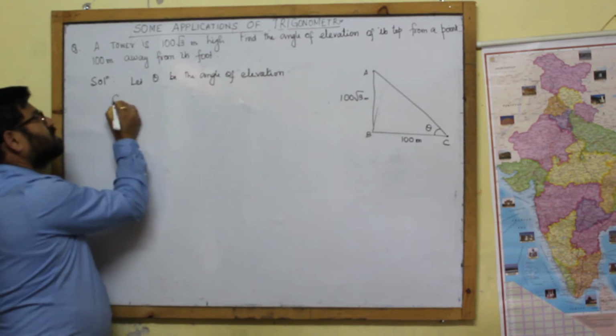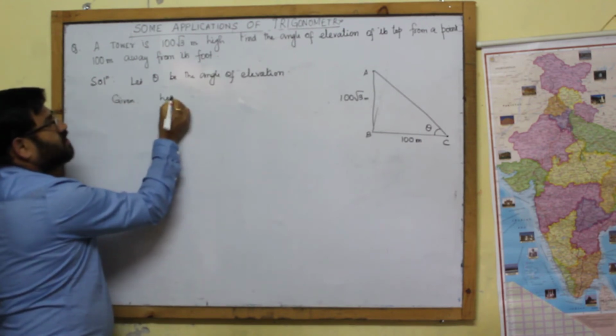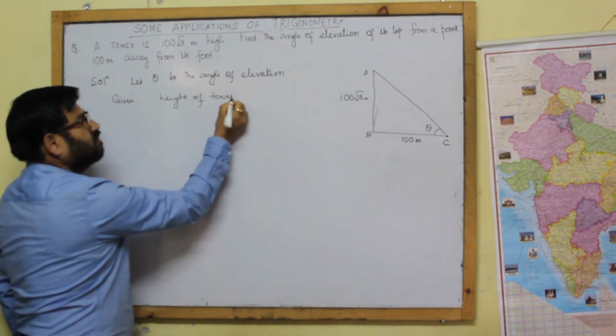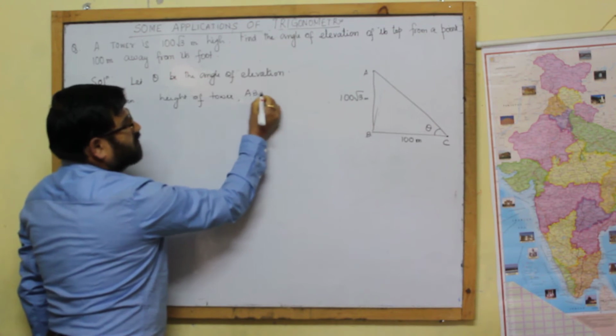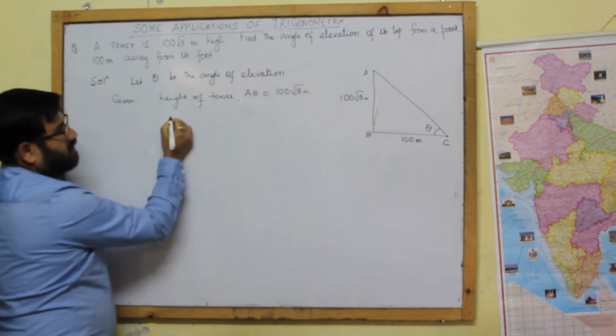What are the other things which have been given to you? Given the height of the tower AB, and that equals 100 root 3 meters.